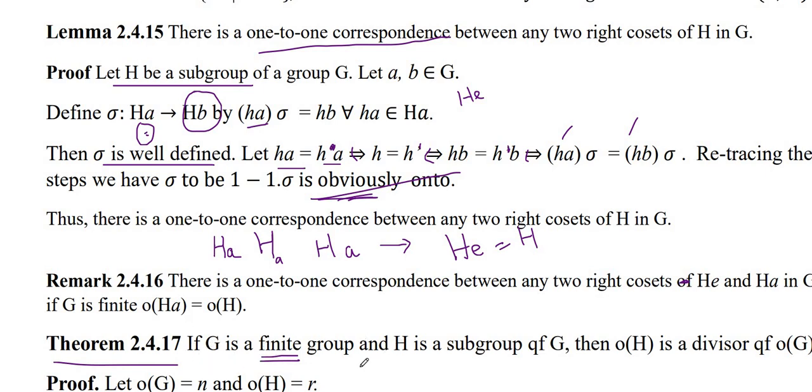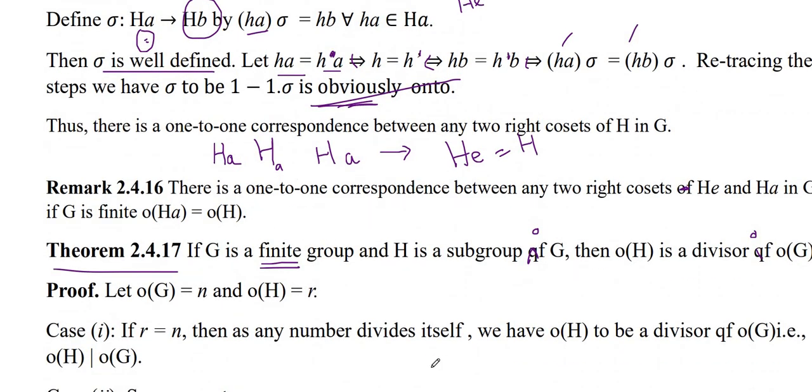If G is a finite group and H is a subgroup of G, then the order of H is a divisor of the order of G. So if we have G consisting of a finite number of elements, then the order of H should divide the order of G. When can it happen?